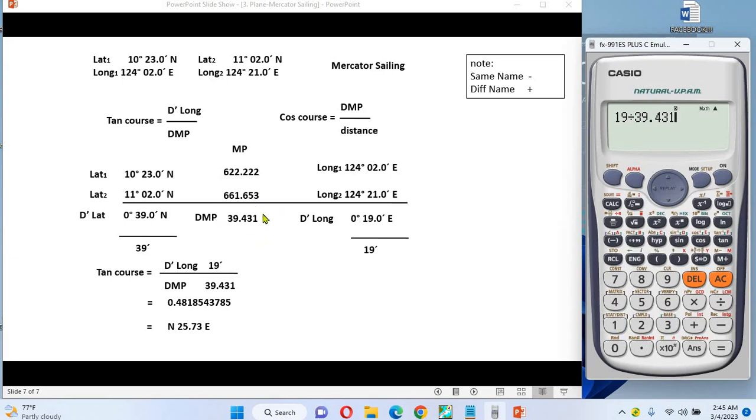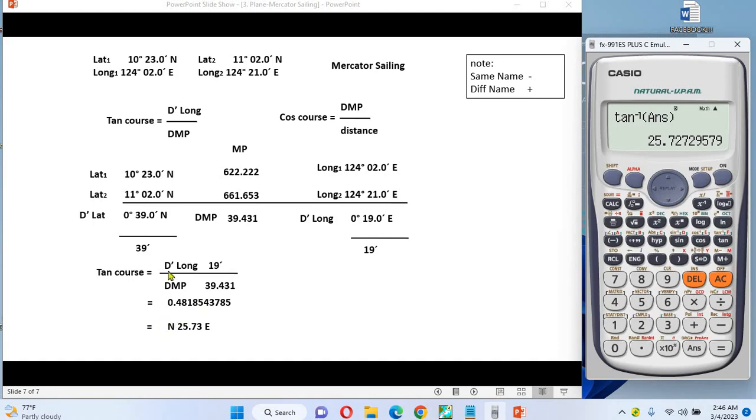Okay, so 39.431 and equals, okay, 0.48185785, and then tangent course, so inverse tangent, answer, close parenthesis, and boom. Okay, so the tangent course is 25.73.